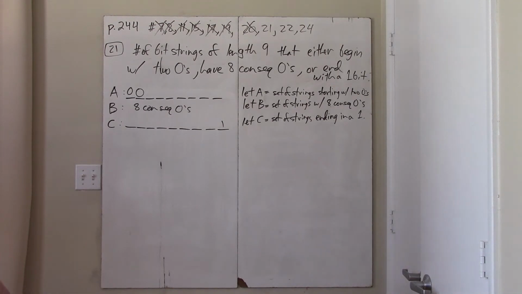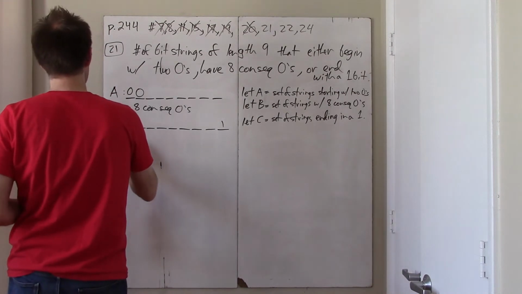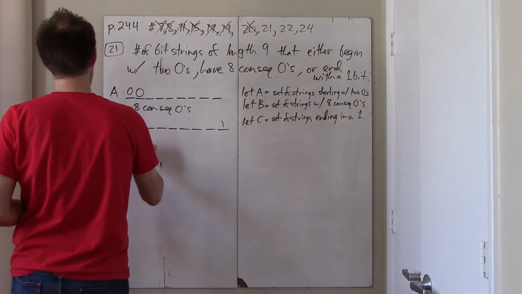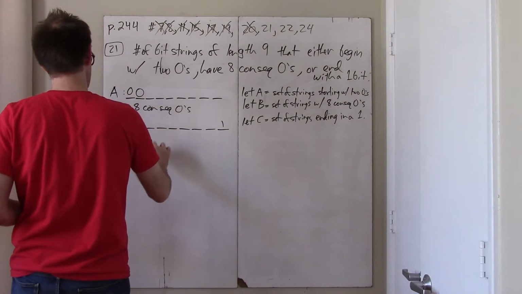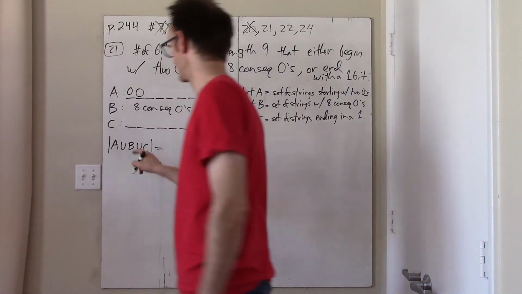So we want the number of strings that meet at least one of these properties. In other words, I want the number of strings in the union of these 3 sets. That's quite clear now, given this notation.